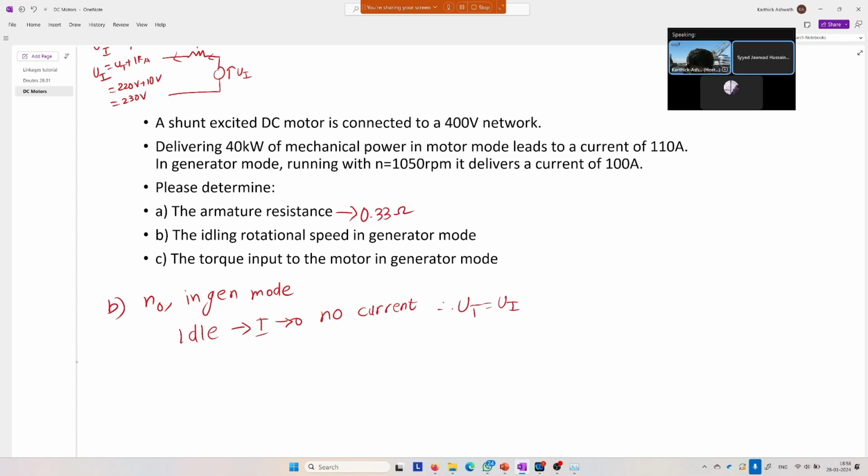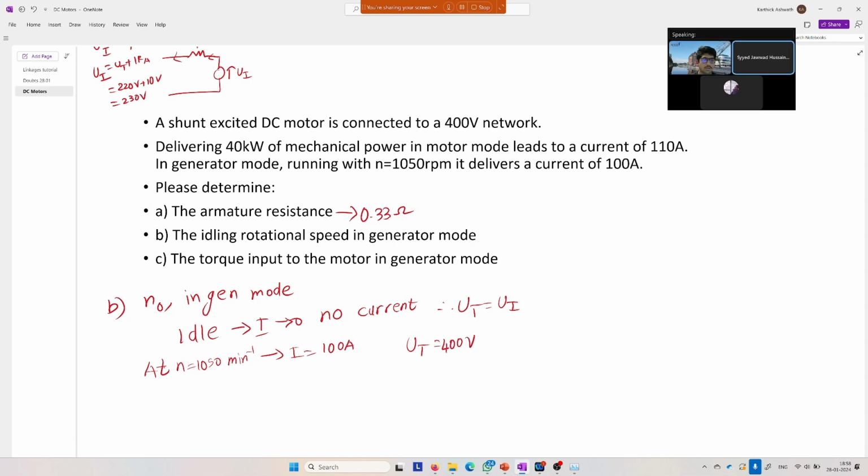We also know that at n equal to 1050 rpm, current is equal to 100 amps, and UT is not changing; UT is 400 volts.